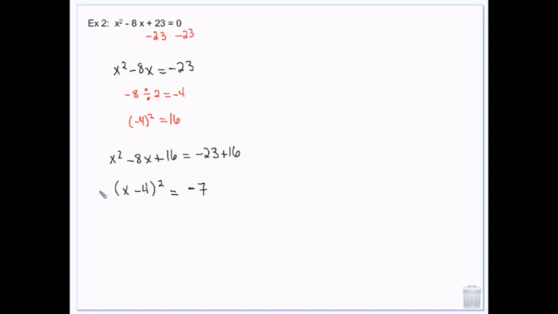I'm going to take the square root of each side. And I get x minus 4 is equal to plus or minus the square root of negative 7. Well, 7 doesn't have a square root in it, but that negative has to come out. So this is actually x minus 4 is equal to plus or minus i square root of 7.